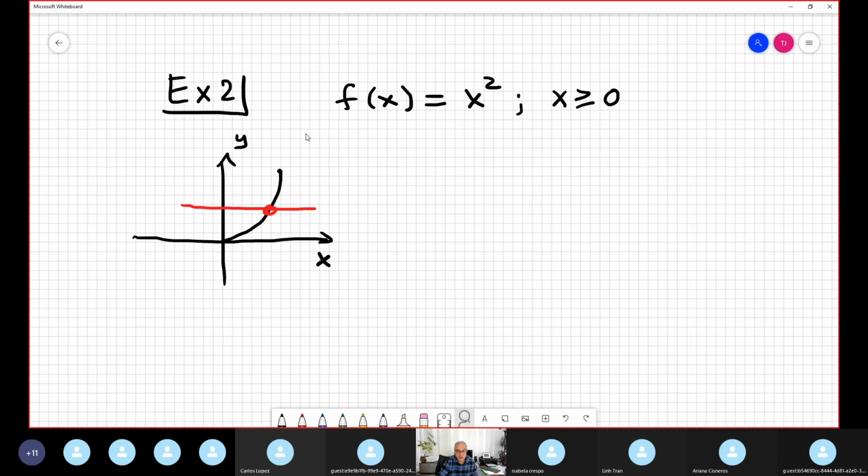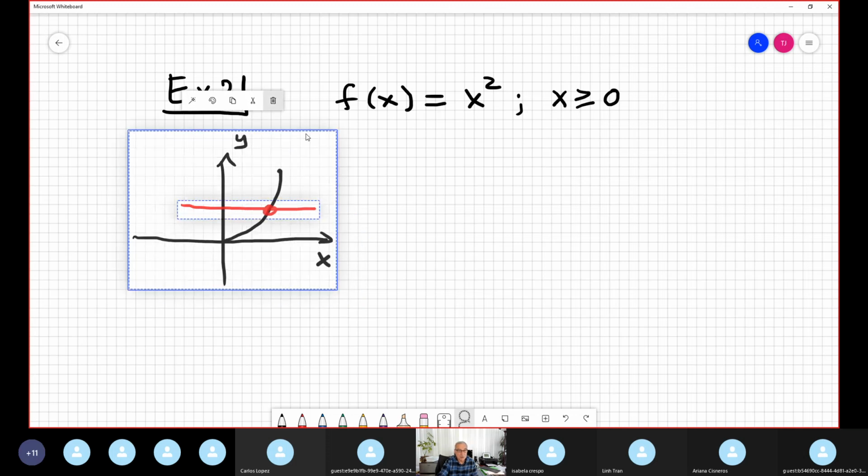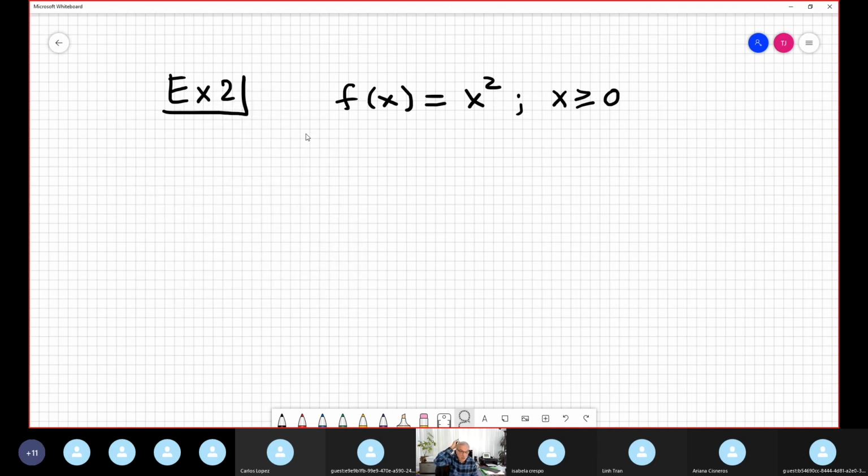The idea is you need to be aware that sometimes the function is given with an introduced restriction in order to convert it to 1-to-1. So the frequent question from the student is, Professor, what the hell is that part? No, that part is important. That part is the restrictions.